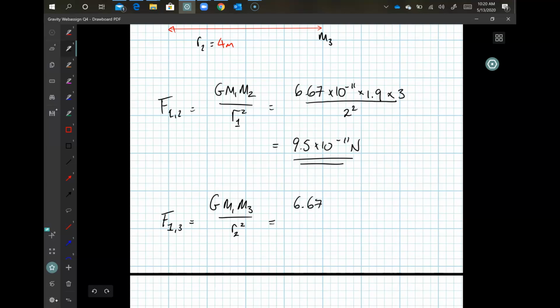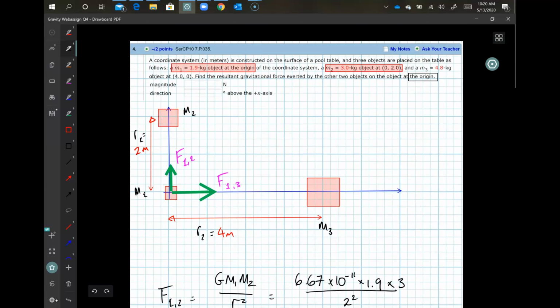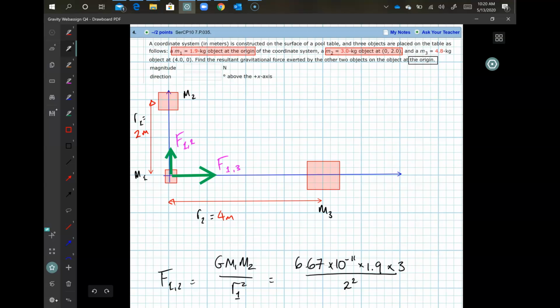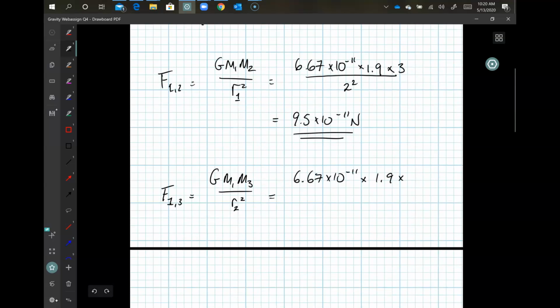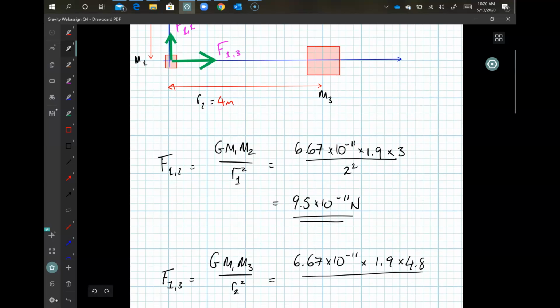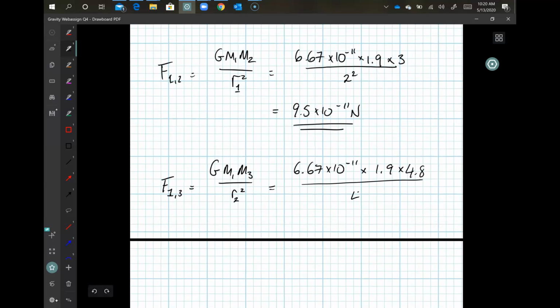So 6.67 times 10 to the negative 11 times mass 1, which is still 1.9, times mass 3, which is 4.8, all divided by the distance this time, which is 4 meters, so that's 4 squared. And that equals 3.8 times 10 to the negative 11 newtons.